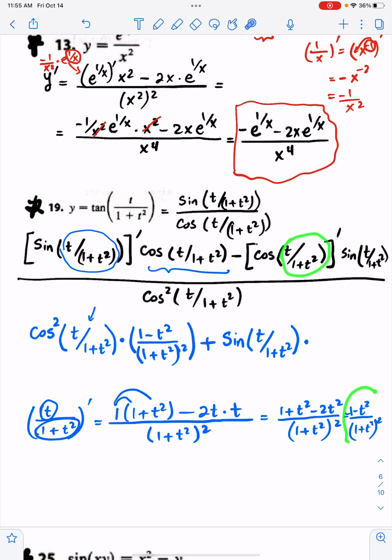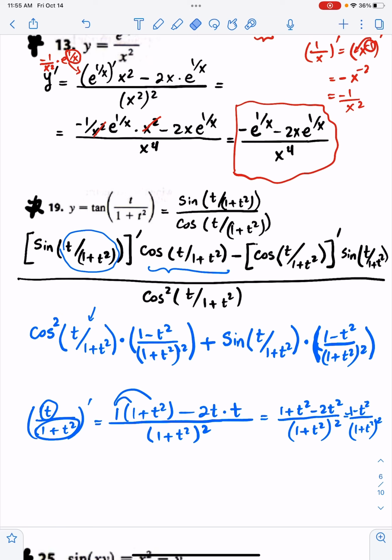We already found the derivative of inside using here as our side note that we had. So I'm going to write that here. 1 minus t squared over 1 plus t squared. Please do not make any magical cancellation here like t squared with t squared, so nothing cancels.